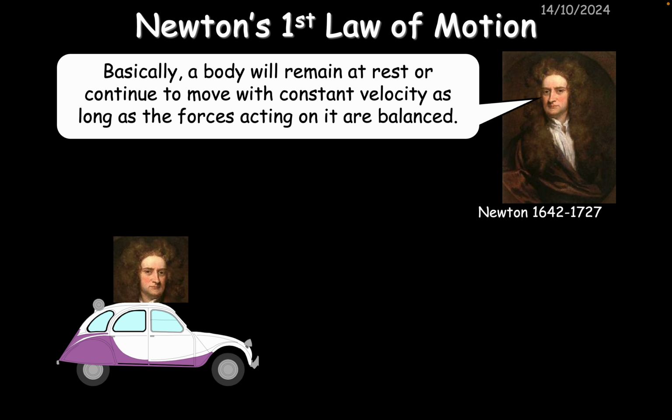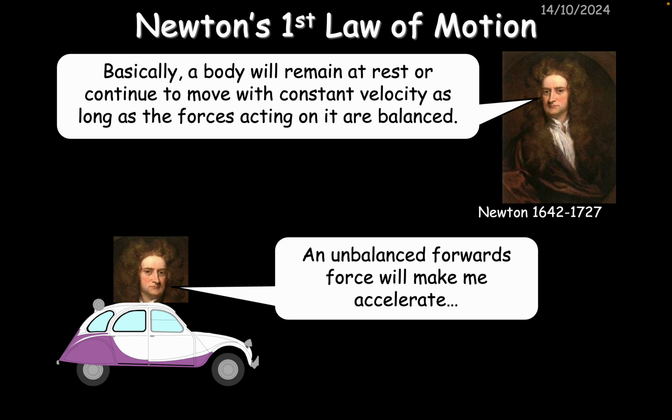So here you've got Newton driving a car, which was way before cars were invented, but bear with me. He's saying an unbalanced force will make me accelerate. Newton's first law is about balanced forces. If we have an unbalanced force situation, there will be a resultant force, and that will make me accelerate.